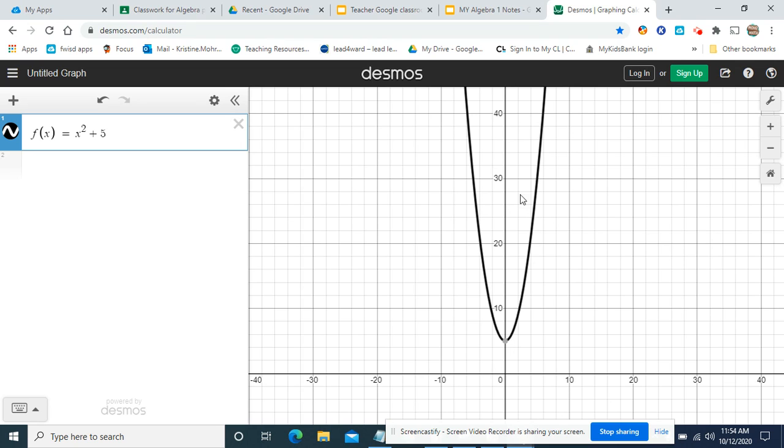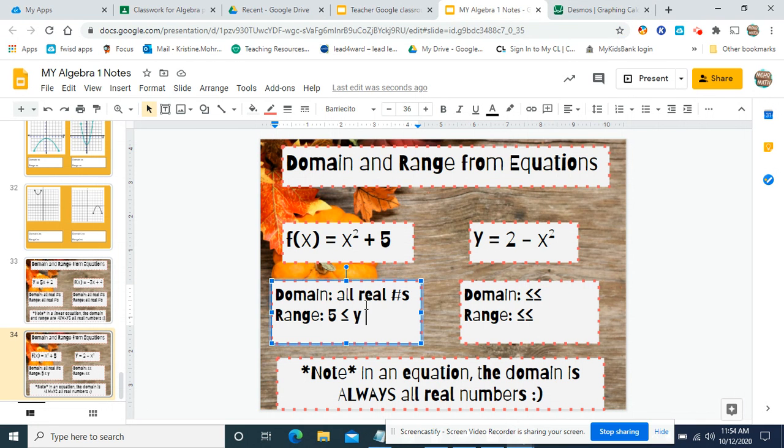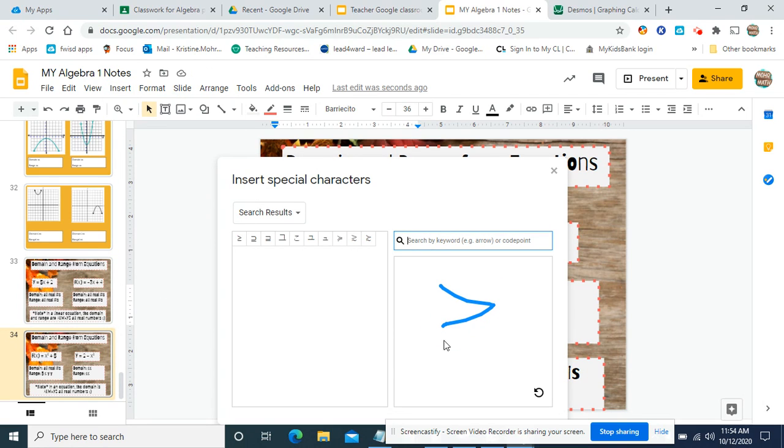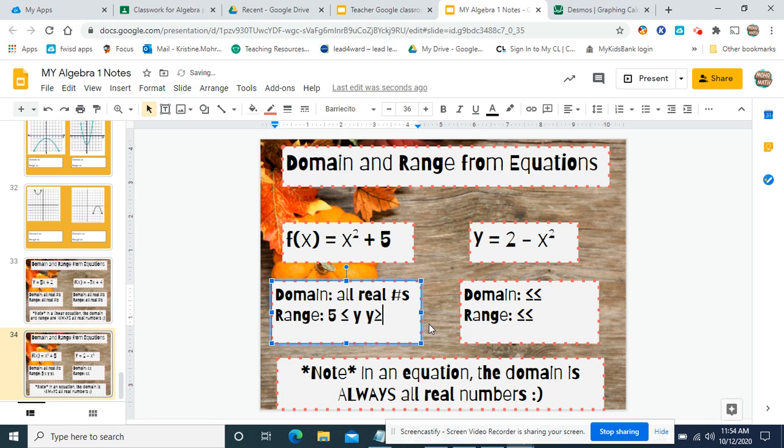So our graph is going higher. So when we write the inequality, I have to add that in here for you guys too, special characters. Y is greater than or equal to 5. So any number that is bigger than or equal to 5.